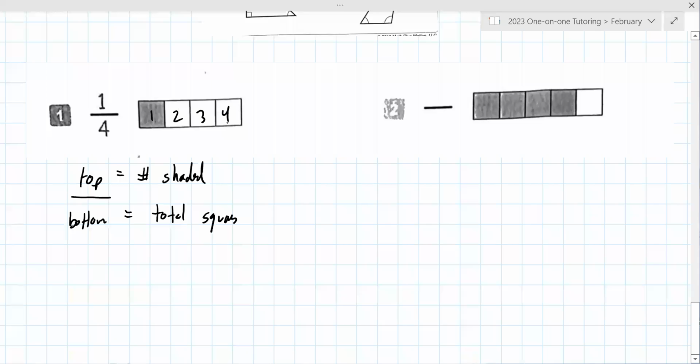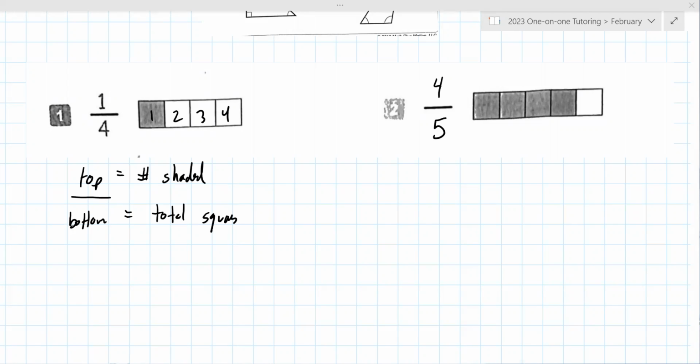So then number 2, there are 5 squares total, and 4 of them are shaded. That's right. And you almost want to do it as shaded first, then total. Next, this is a whole. So you could do 5 over 5, or you could just do 1 whole.